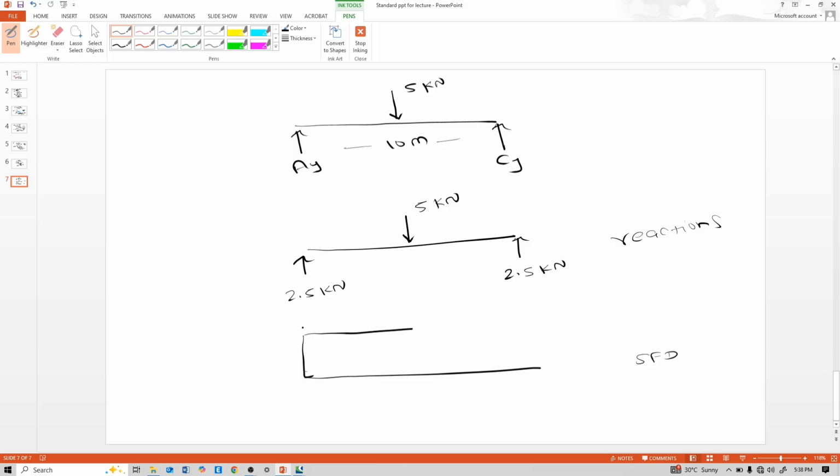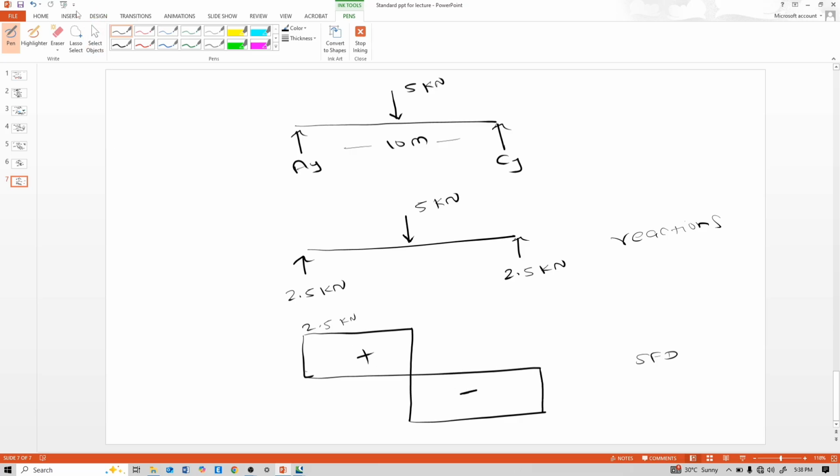See this 2.5 kilonewton, there is a sudden drop in load of 5 kilonewton, that means 2.5 minus 5, minus, because there is a downward direction force, minus 5 kilonewton downward direction. 2.5 minus 5 is minus 2.5. So minus 2.5, here there is also no load, so horizontal line, and upward 2.5. Minus 2.5 plus 2.5, that means here 0. So this is positive and this is negative.